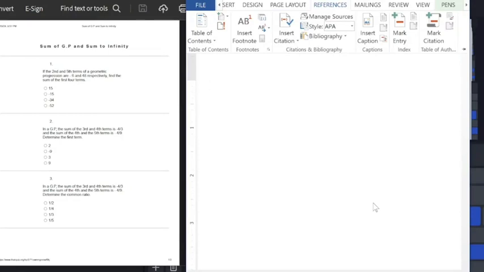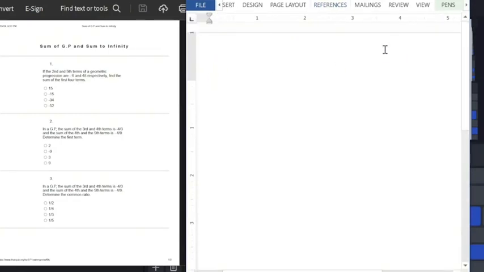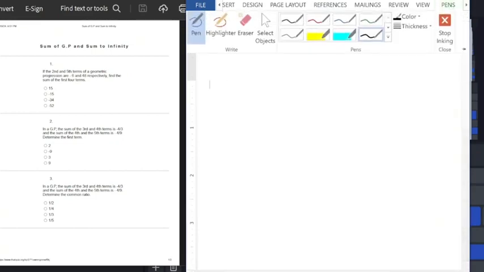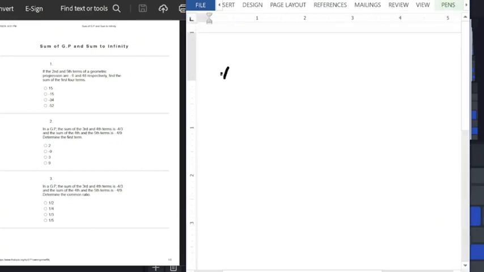So the first question says, question number 1 says, if the second and fifth terms of a GP are -6 and 48 respectively, find the sum of the first 4 terms.